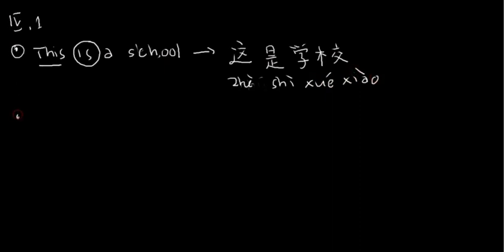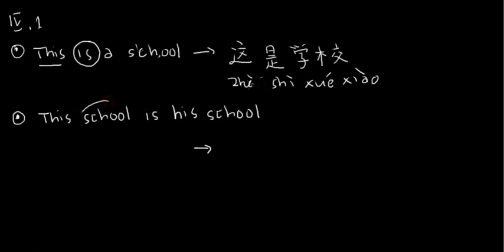The next example is this school is his school, for example. We haven't learned this, but I'll just write it in here, and I will cover the explanation later. Because the pattern is a pointer followed by a noun, as we have learned, you need to put 个 before 是.